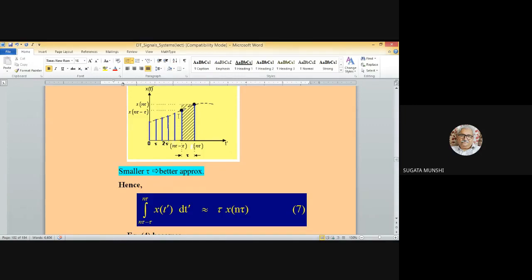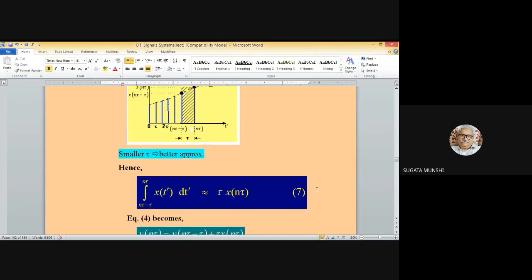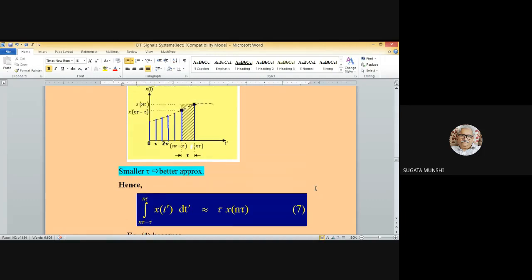The blue vertical lines, they are the samples of x(t prime). Have you drawn the figure?